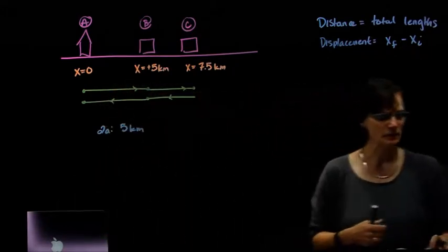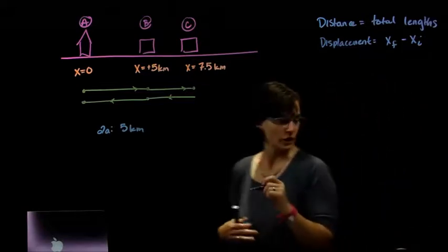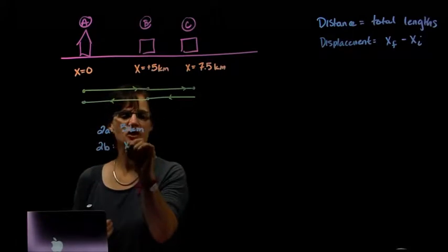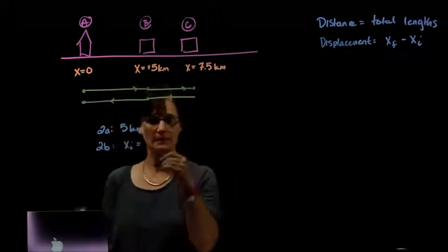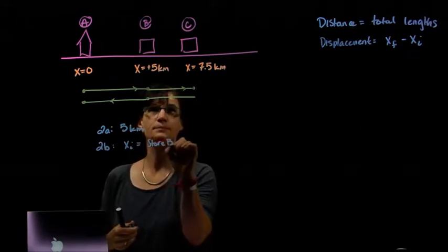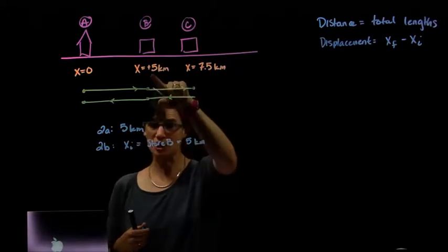What is the displacement she had when she went from store B to store C? So this is part 2B. Her initial position is going from point B to C. So she starts at store B, which is at 5 kilometers, the position in space.